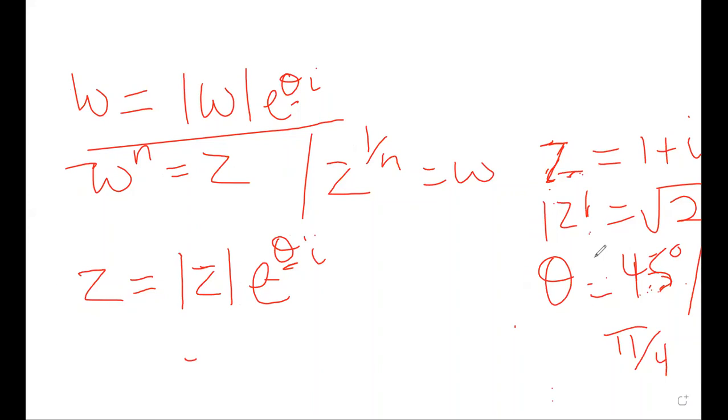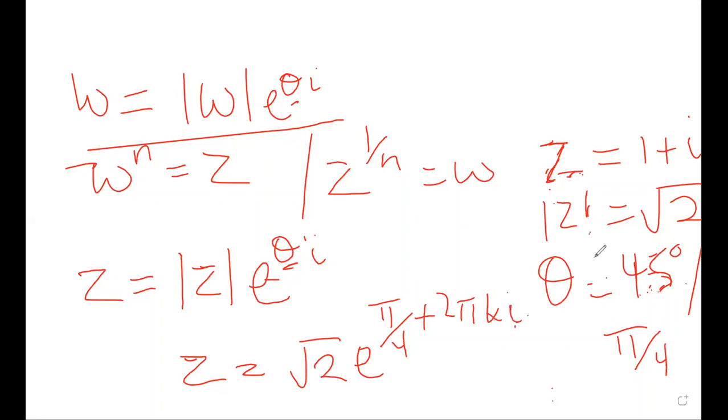Okay, so in that case, we can express z. z is root 2 e to the power i times (pi on 4 plus 2 pi k).